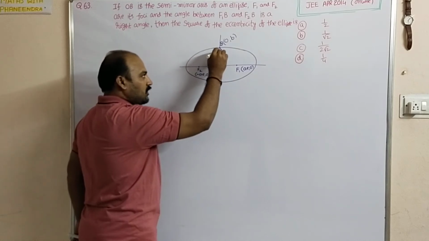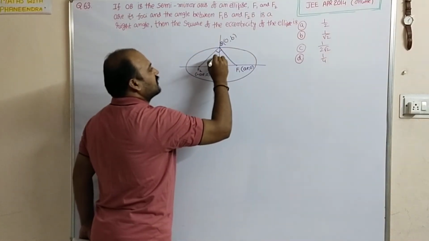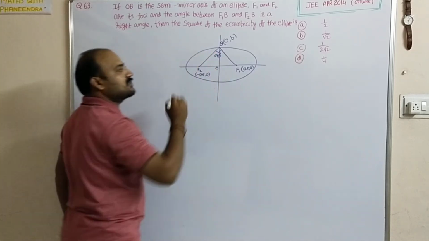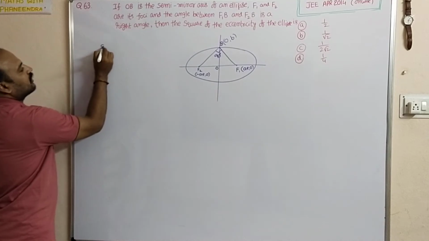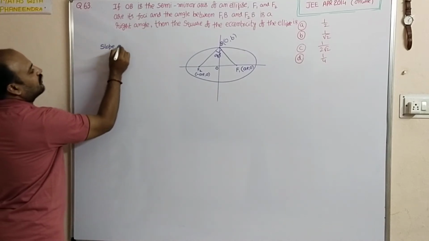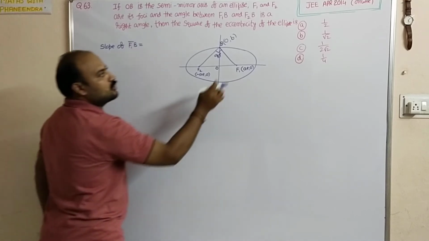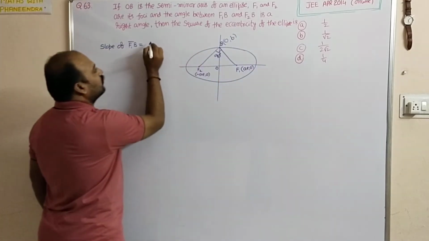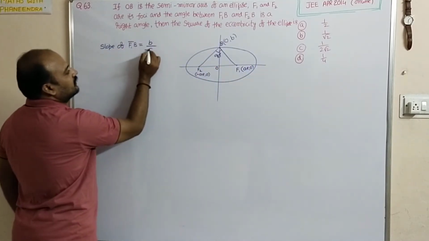So from here to here, the angle between them is a right angle, 90 degrees they mentioned. So calculate the slope of F1B: y2 minus y1, b minus 0 divided by 0 minus AE.